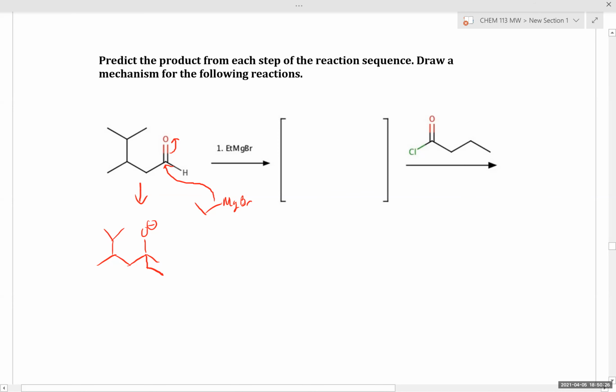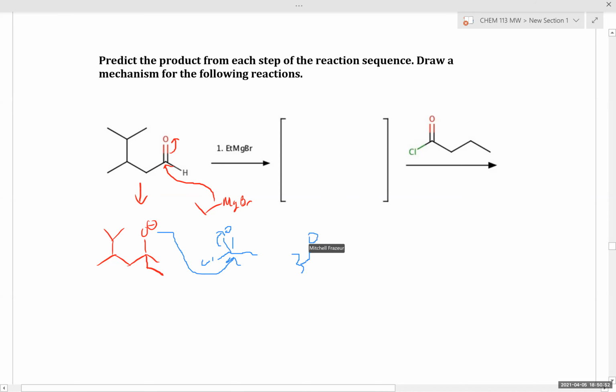So, would anyone like to propose a mechanism for this second step? We have a nucleophilic alkoxide ion. We have an electrophilic acyl chloride carbon. Our nucleophile will attack the acyl chloride. We get this tetrahedral intermediate.